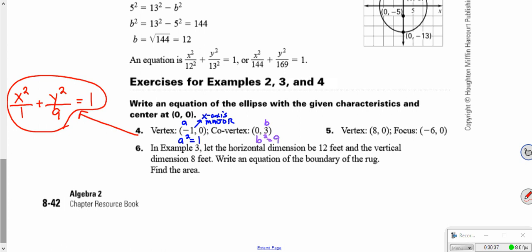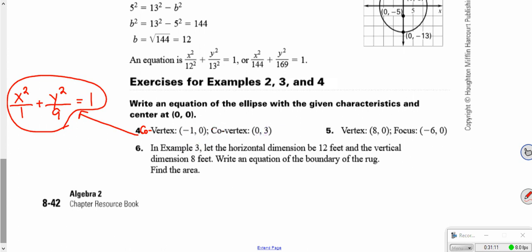I just realized they mislabeled these. Do you all see that? Your vertex should always be bigger than your co-vertex as far as your A and B numbers go. So this actually should be the other way around. So then, interesting, that actually means that the y-axis is your major. So they kind of screwed up the labelings. Okay.